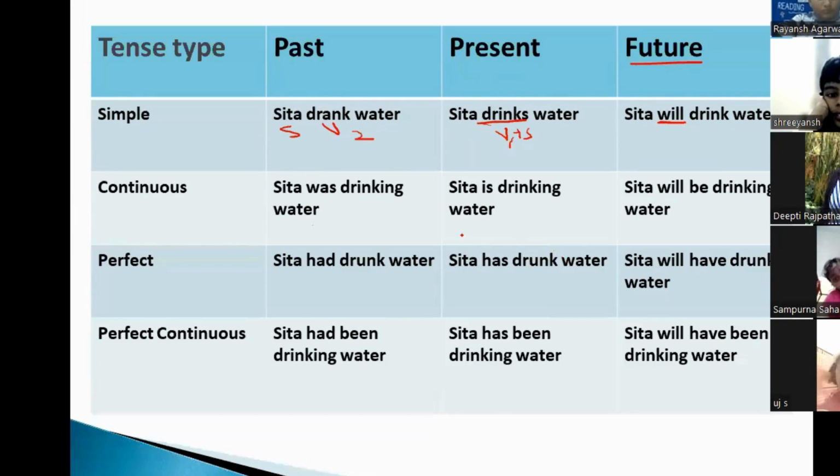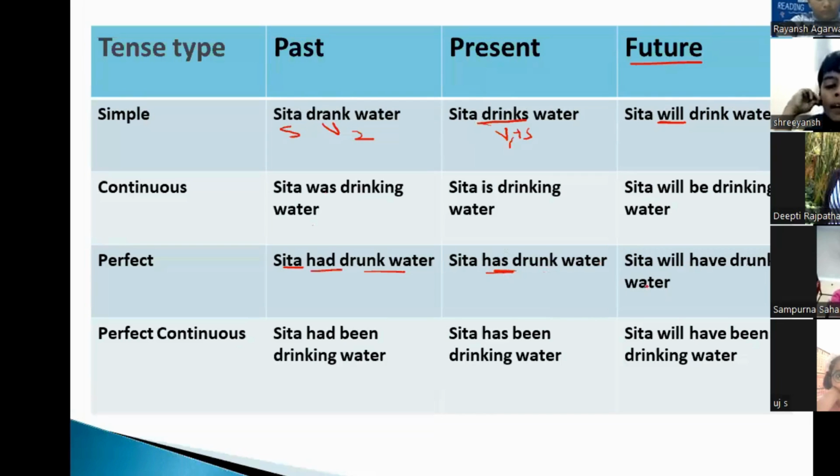This is the only main structure we have taken. This is not the complete thing, just an overview of how you are following the subject for every tense. Sita had drunk water represents the past perfect tense, and Sita has drunk water is present perfect tense.